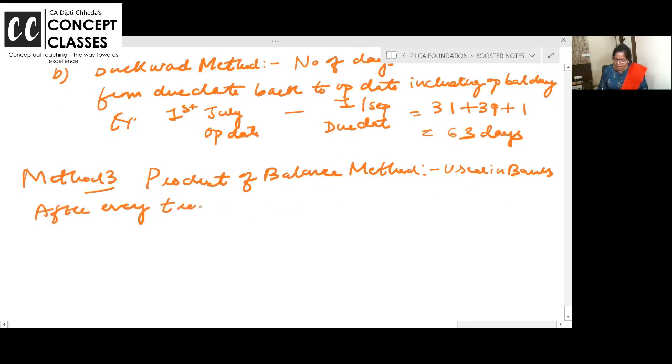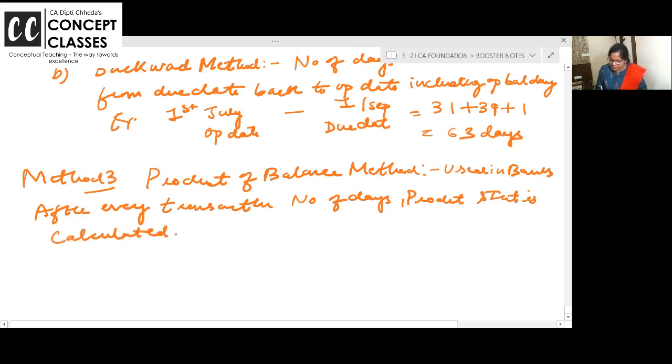After every transaction, number of days, product, and interest is calculated. That's the idea, no? After every transaction, number of days we calculate, 1 to 2, 2 to 3, product, and even the interest is calculated.